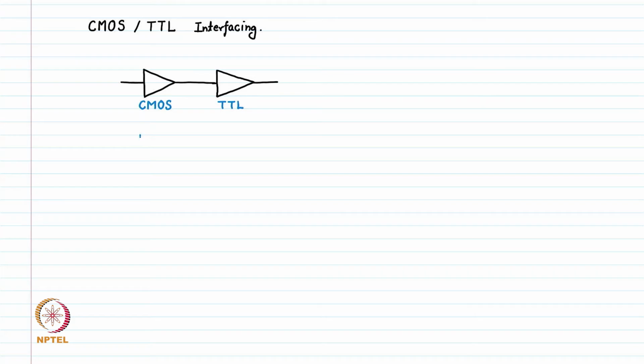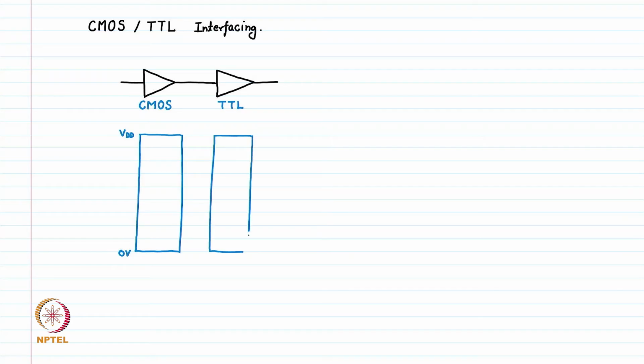So for a CMOS, this is the complete voltage range from 0 to VDD, and this is the voltage range for the TTL gate at the input. For a CMOS, typically the VOL level is very close to the ground.